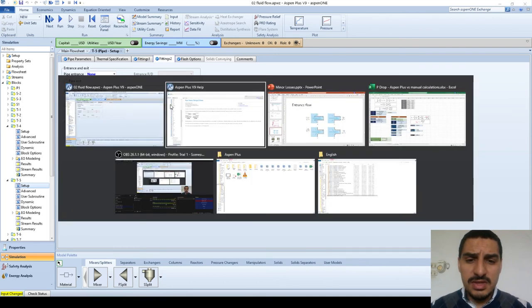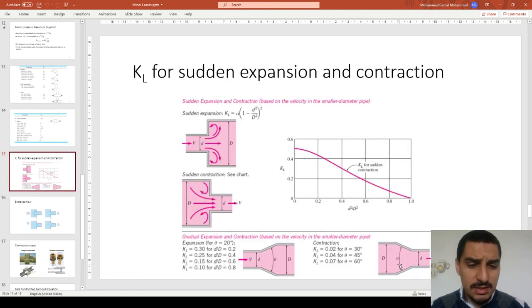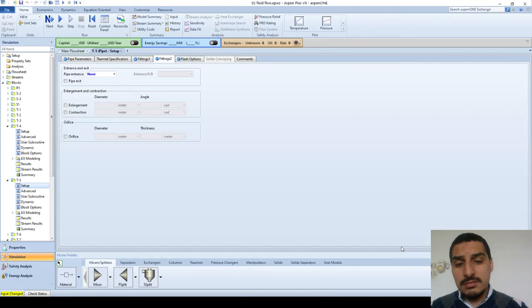And the angle, which we mentioned before for the expansion and contraction, is this angle theta. You need to define it because it affects the losses. The orifice is something connected to the pipe for flow measurement calculations.